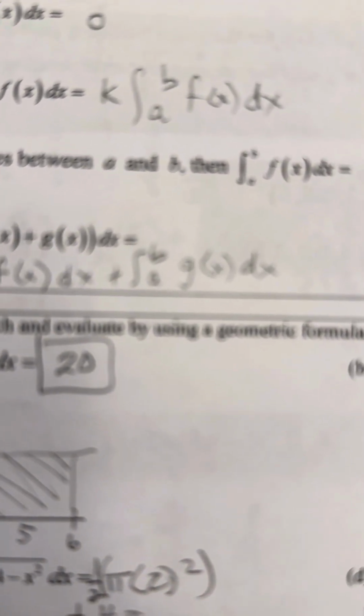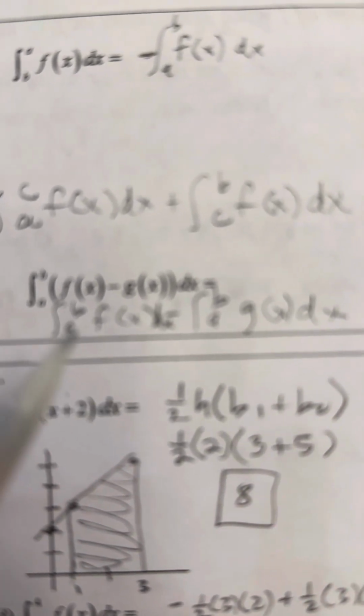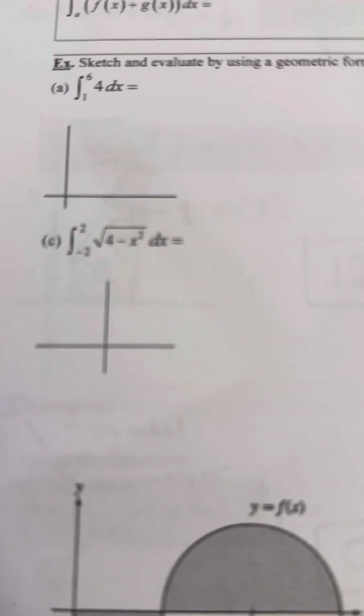Then you're going to look at this one and you can say you can do from A to B of the function plus from A to B of the other function. So you can separate them like that. You can also do that with subtraction. So this would be that first function's integral from A to B minus the second function's integral from A to B, and you bring over that dx every time. Okay, so using those properties, let's get to work.